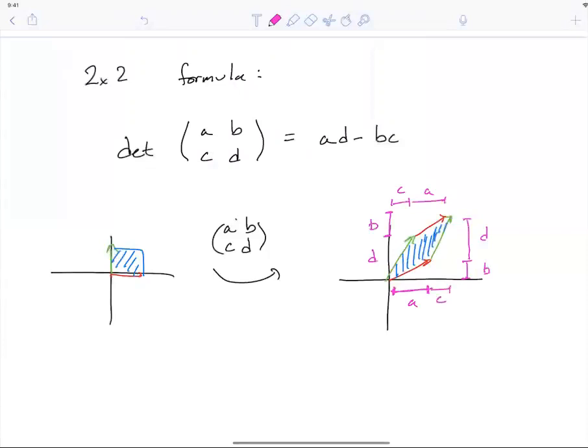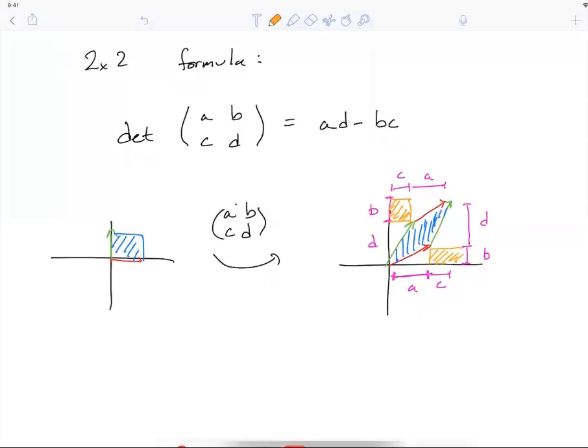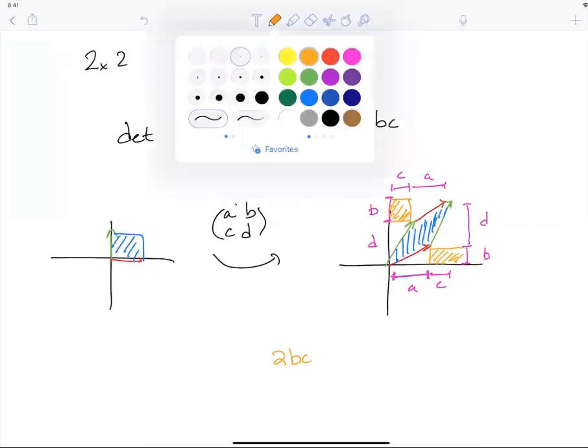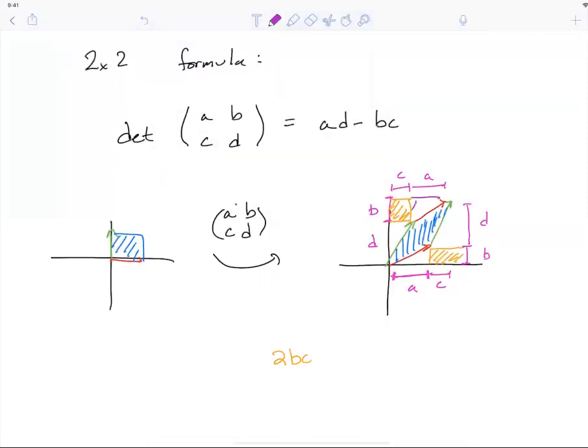And now we can look at various triangles and rectangles. Here we have two rectangles. Those rectangles are BC, so we have two BCs. And then we're going to have two of these little triangles here, so we have 2 times 1/2 AB.